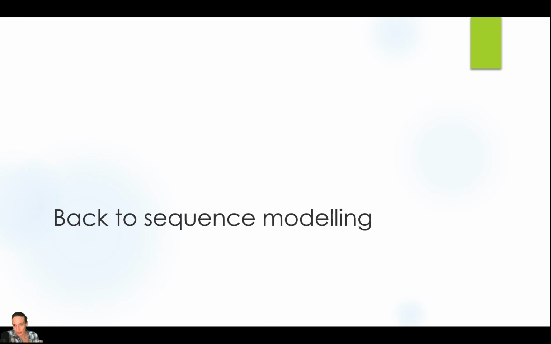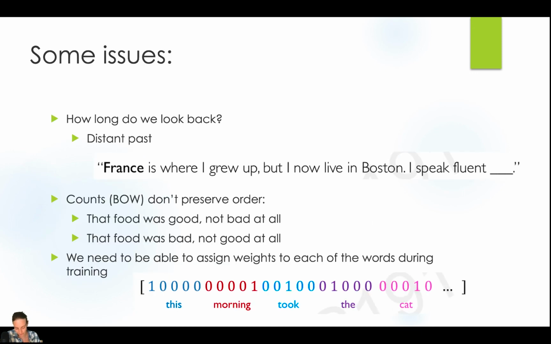We were talking about audio, time series, and text all being sequences that need to be modeled. We have a special type of model for this, because if we were to just feed words one by one into a neural network, we would lose any information about the previous word. For instance, we want to predict this: France is where I grew up, but I now live in Boston.